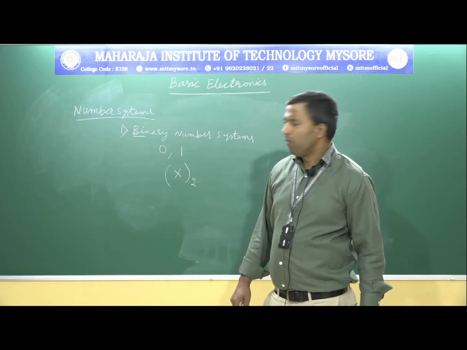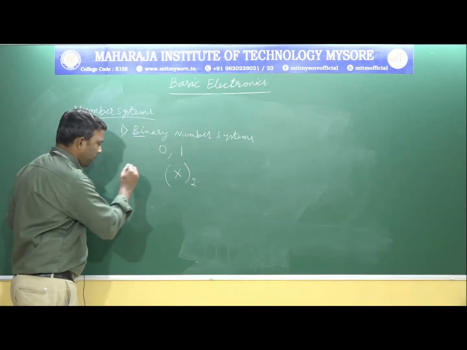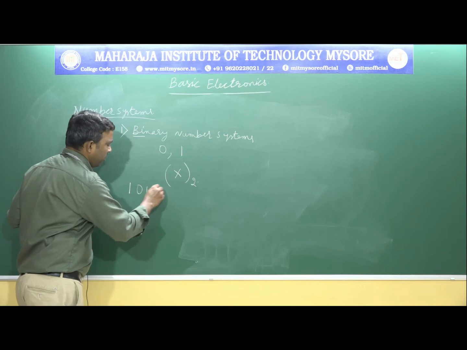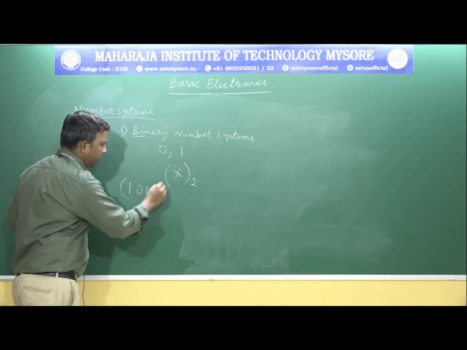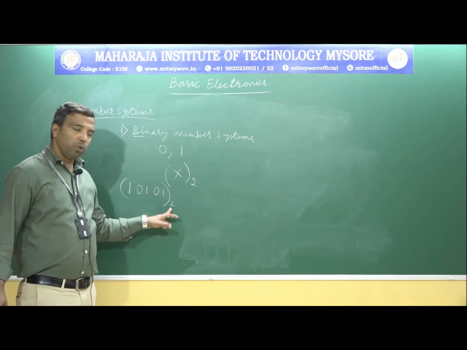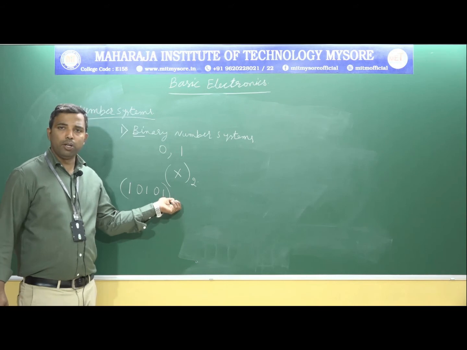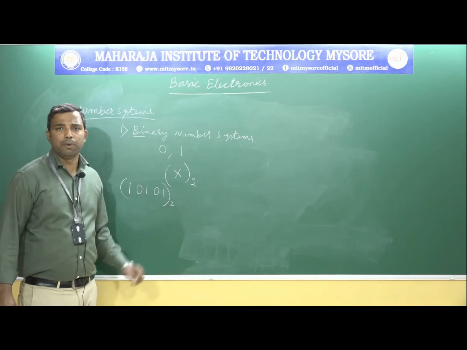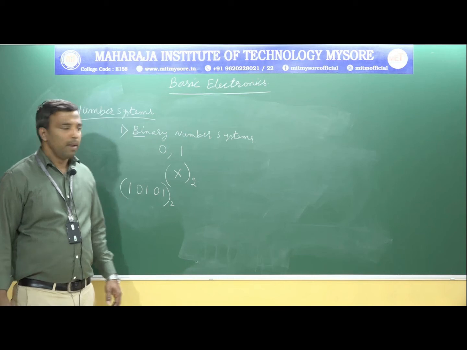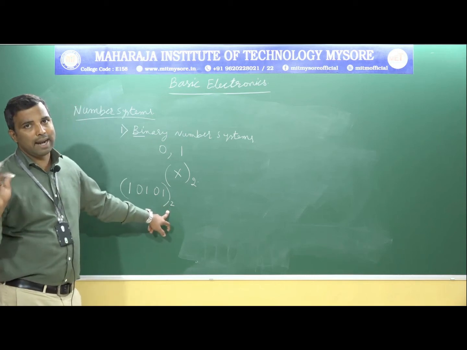For example, consider the binary number 1 0 1 0 1; if you represent that with a subscript 2, then it is a binary number. Without the representation of 2 here, we cannot say which number system this is. We cannot define this. Hence, representing the base is very, very important. That is, the radix is important.